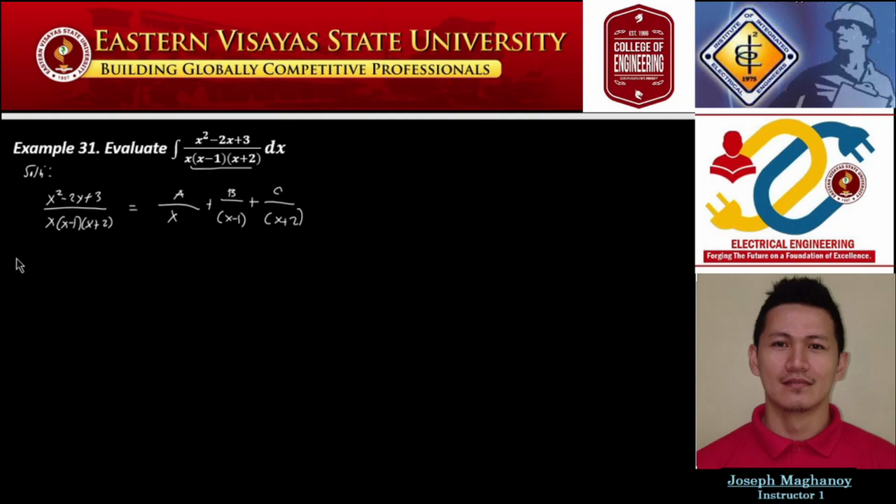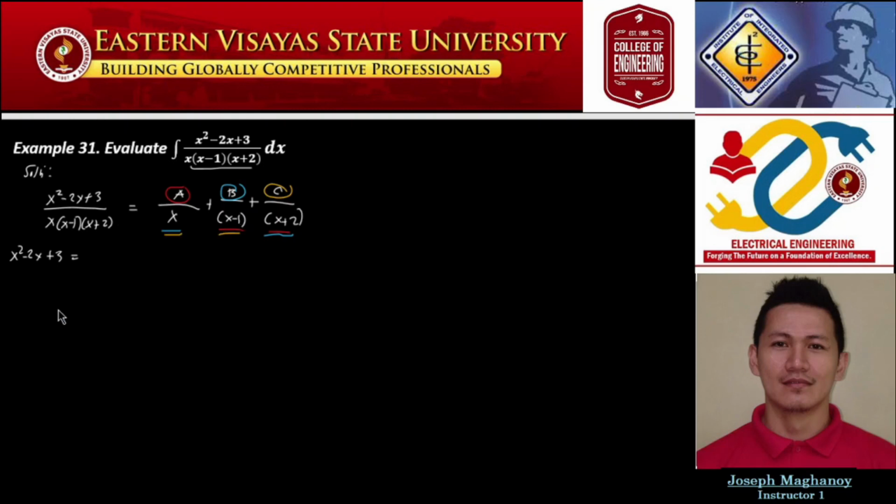So x squared minus 2x plus 3 is equal to, if you're writing for your a, you copy b and c only. If you're writing for your b, you copy a and c only. If you're writing for your c, you copy a and b only.